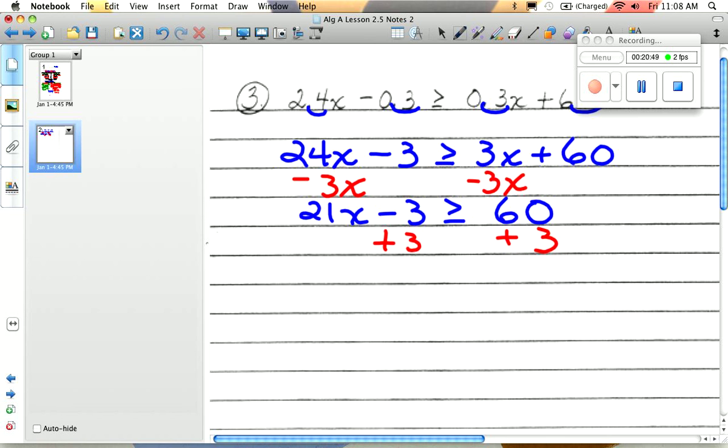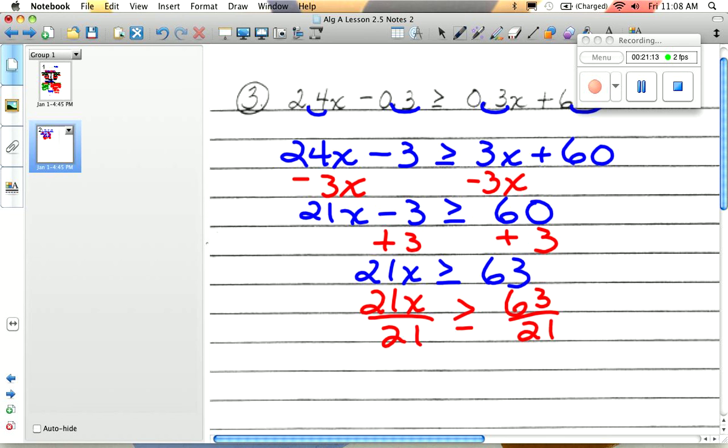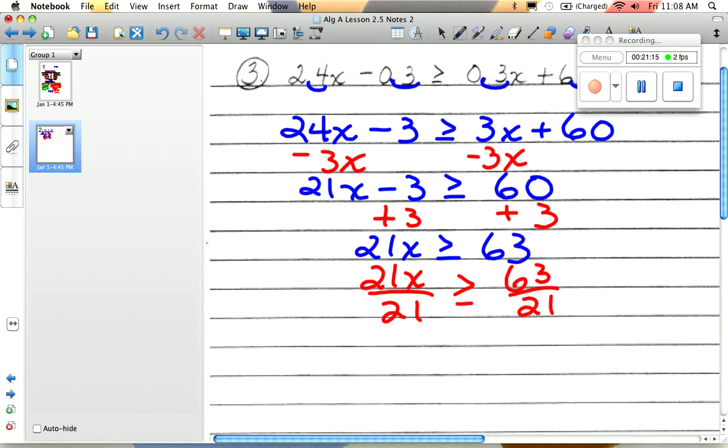So now we have 21x is greater than or equal to 63. Last step, divide by 21. And our solution is 3.